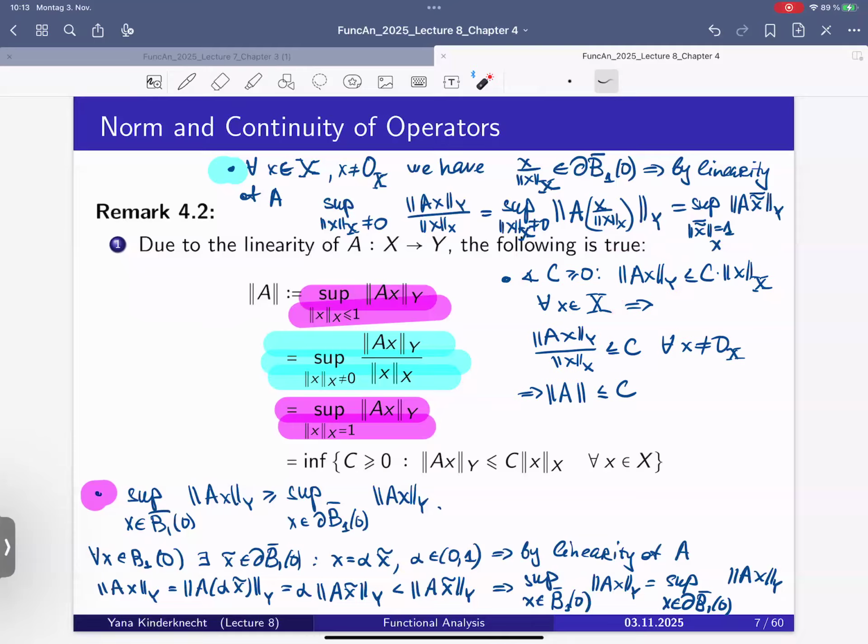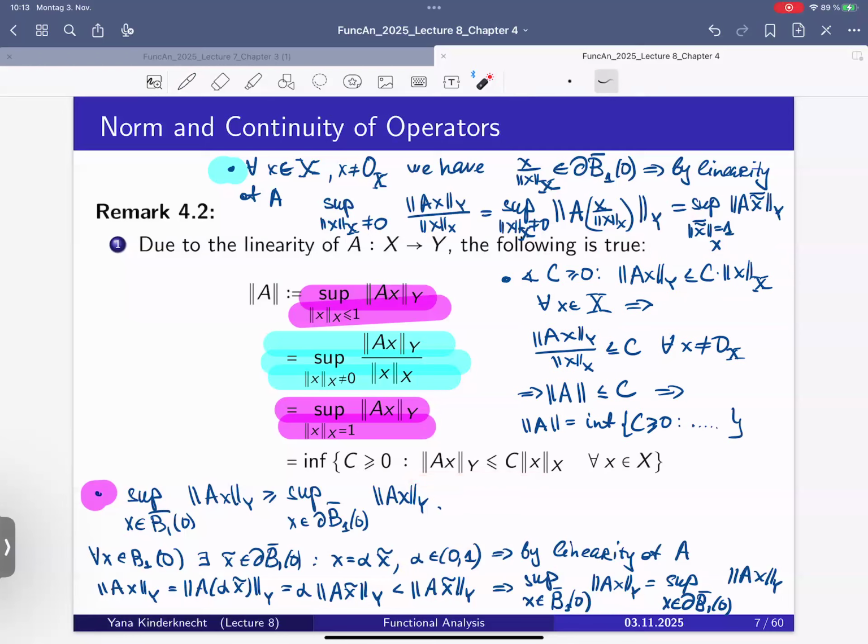But this means that the norm of A is just the infimum over such C. So it is the same as what is written here.